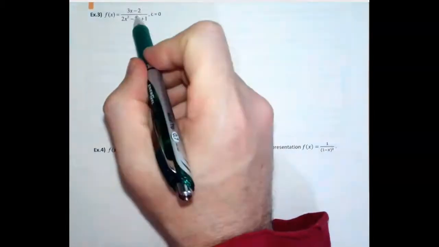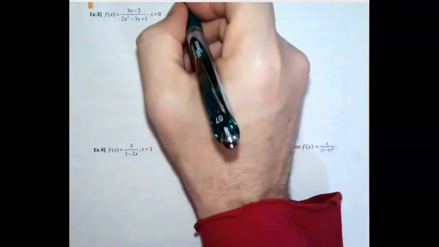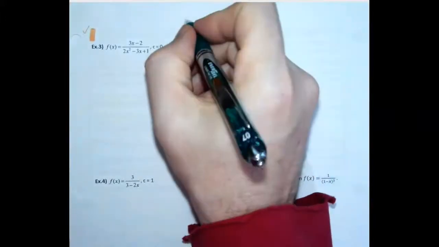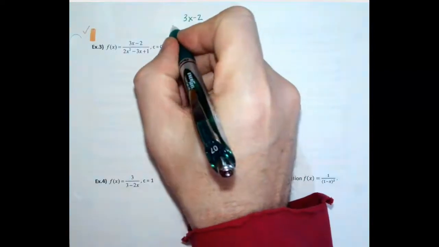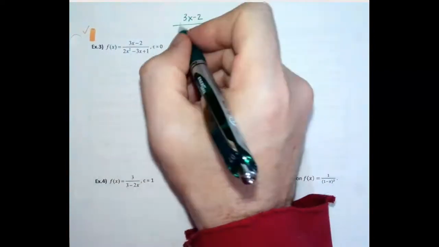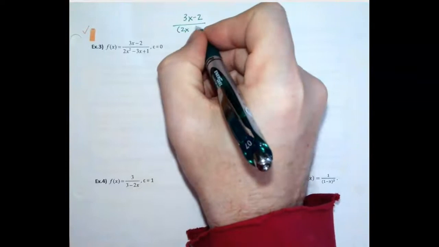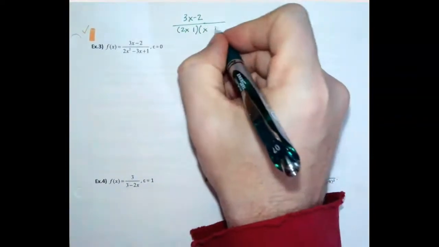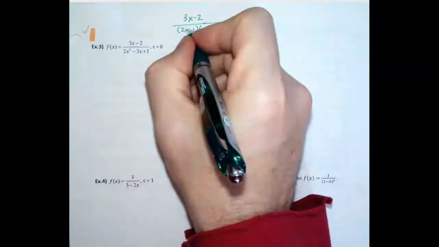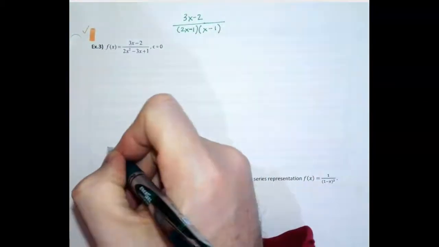Alright, so we want to start off with a partial fraction decomposition here. So let's start with 3x minus 2 over this factors, 2x and x, 1 and 1, negative and negative.